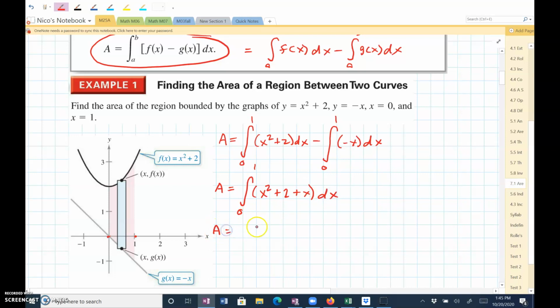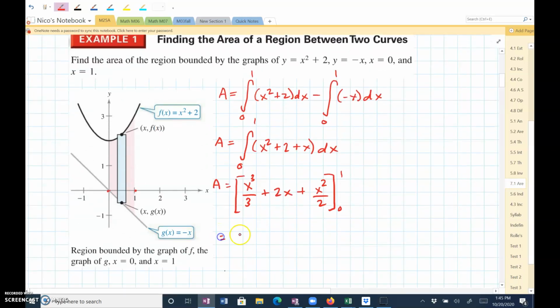Now we can find the antiderivative, so this would be x cubed over 3 plus 2x plus x squared over 2. And we're going to evaluate this between 0 and 1. So when I plug 1 into this antiderivative, it's going to be 1/3 plus 2 plus 1/2 minus 0, since plugging 0 in gives 0.